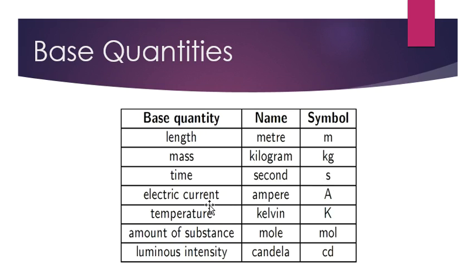Then we have electric current, measured in ampere, and its symbol is A. Then temperature, measured in Kelvin. And then the amount of substance, calculated in mole. And then luminous intensity, or light intensity, measured in candela, and its symbol is Cd.